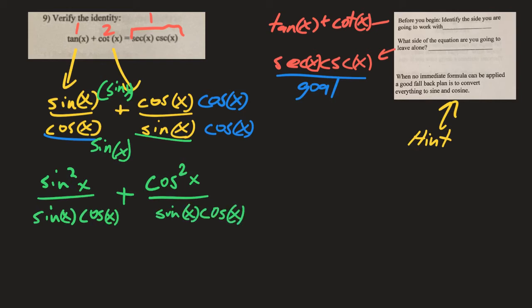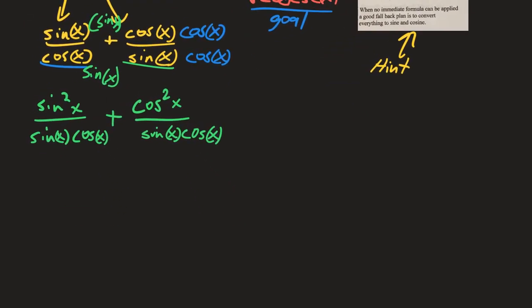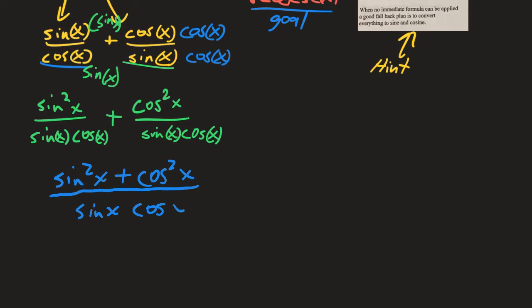All right, let's see where we're going next. I already see something funny happening as I put these two together. And let's go ahead and just line these up as a single piece. So I've got sine squared x plus cosine squared x over sine x cosine x.